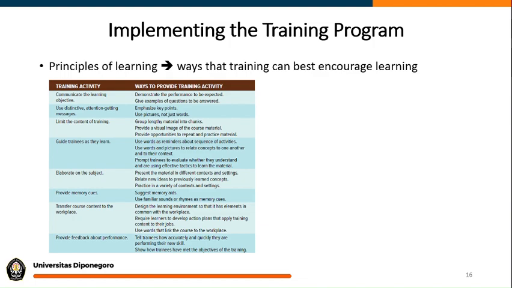And then you also need to limit the content of training, guide trainees as they learn, elaborate on the subject, provide memory cues, transfer course content to the workplace, and the last one is providing feedback about the performance. So I wish you can take a look in more detail at this figure to understand more about this. Okay.